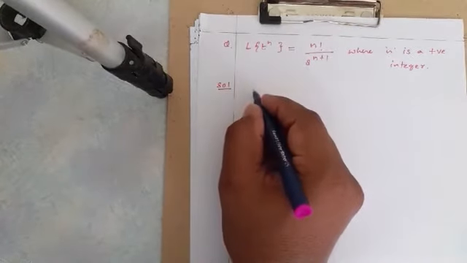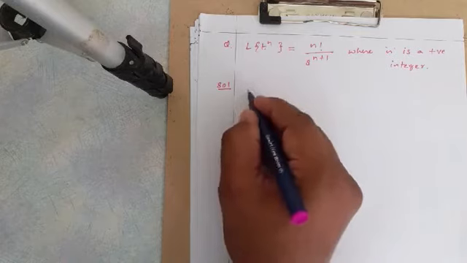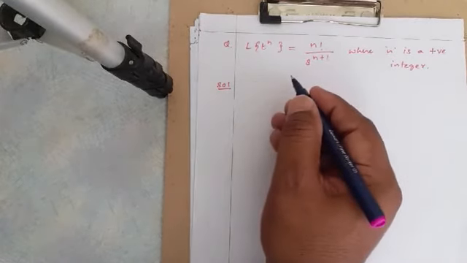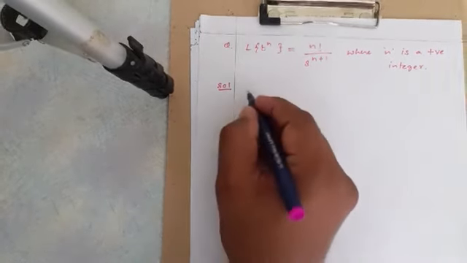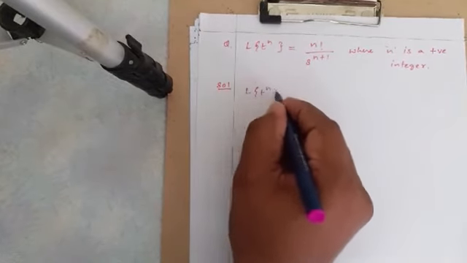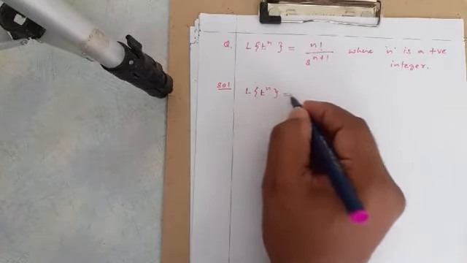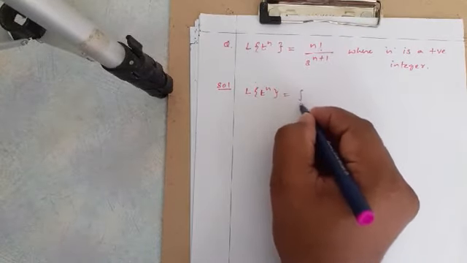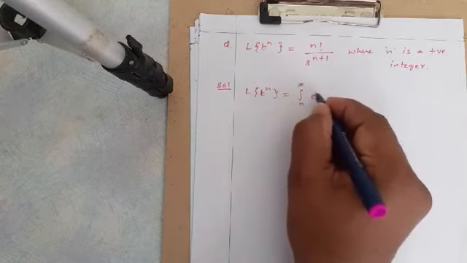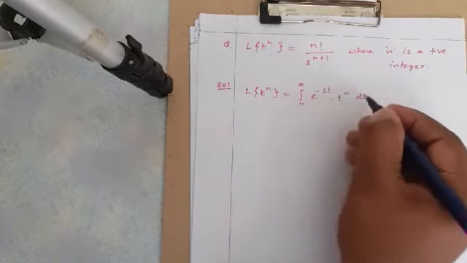Now for doing this, this will be done in a separate way. So I mean we won't use any definition of Laplace transform here. First we take Laplace transform definition and then we take substitution directly. So let us write by definition of Laplace transform, Laplace of t power n is equal to integral 0 to infinity e power minus st into t power n dt.